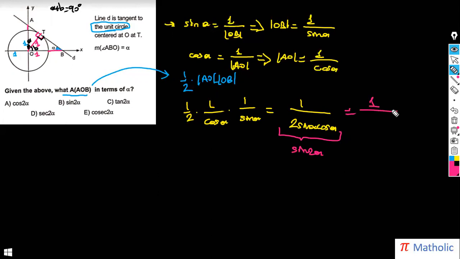And this can be written 1 over sine 2A, which makes cosecant 2A. So cosecant 2A. Yeah, this one is a nice question. Okay, let's move on to the next question.